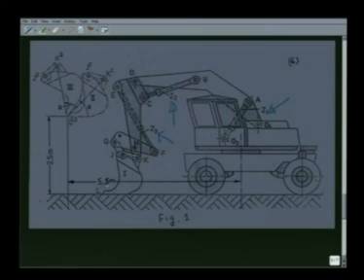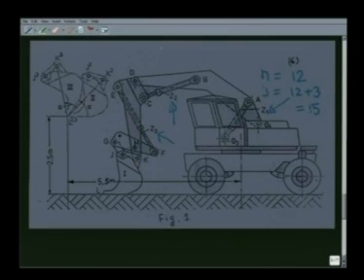If we count the number of links in this mechanism, I will get n equal to 12. This will be clear when we draw the kinematic diagram of this particular machinery. If we count the number of pairs, we will see there are 12 revolute pairs and 3 prismatic pairs. So, J is 15.